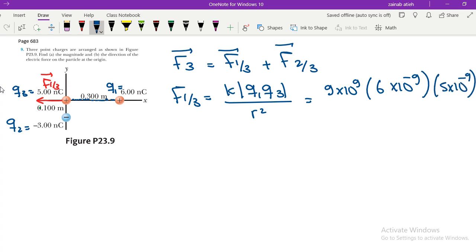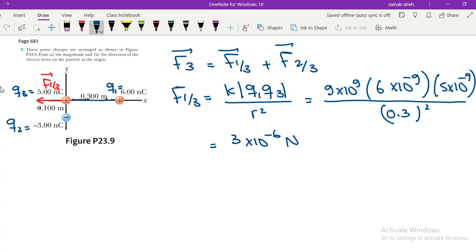Remember that nano Coulomb is times 10 to the power minus 9, micro is times 10 to the power minus 6. Okay, over R, which is the distance separating them. It's 0.3 meter. No need to change units, so it's 0.3 squared. So calculating this, we will get 3 times 10 to the power minus 6 Newton. Okay, I've written the magnitude.